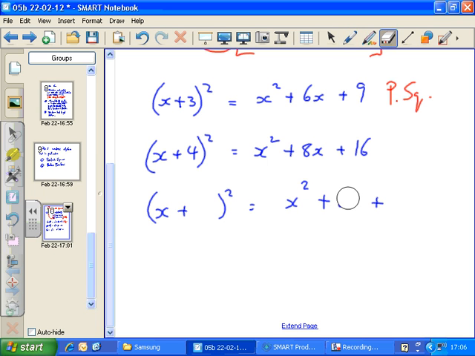Why is it 7? 7 sevens are 49. It's half of this, isn't it? And then whatever half of this is, squared. Agree, David? That's the perfect square.